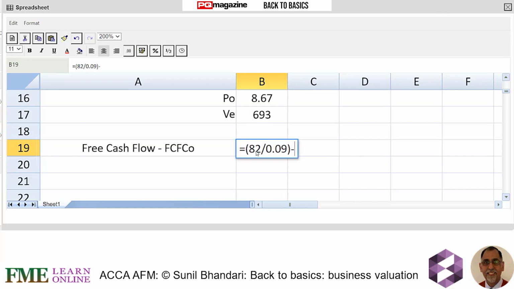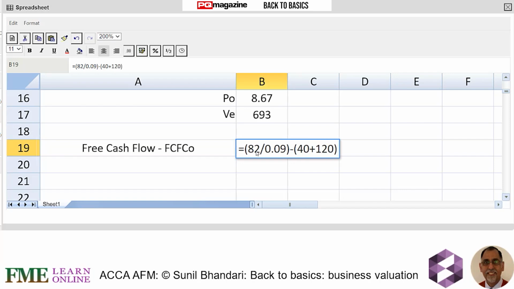So from there, what I should be deducting is the market value of the debt. I don't have the market value. I assume the book value of the bank loan plus the bond, 120, book equals market.